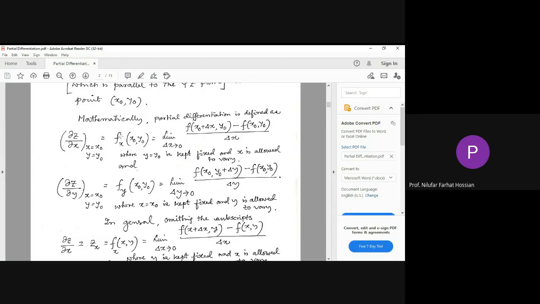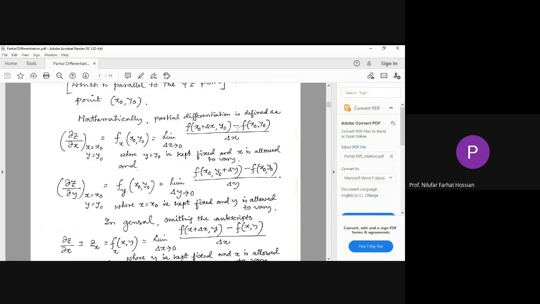This is another notation: if you give an index x here, it means del f by del x, which means del z by del x, and this is the mathematical expression. Here y is not changing from the very beginning, y equal to y naught. X is changing: f of x naught plus del x, y naught, minus f of x naught, y naught, divided by del x.